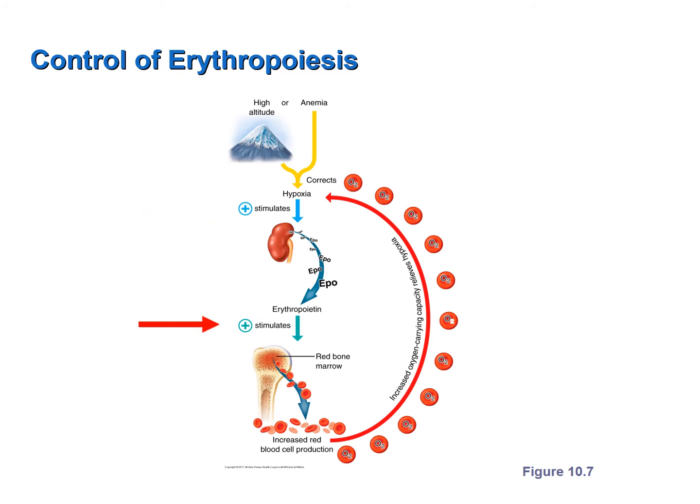That erythropoietin targets the red bone marrow and causes an increase in the production of red blood cells.